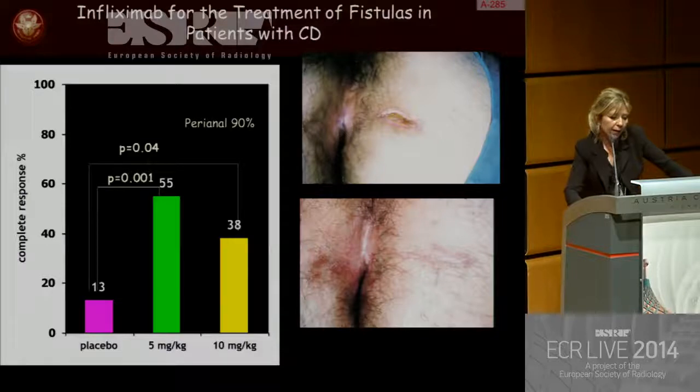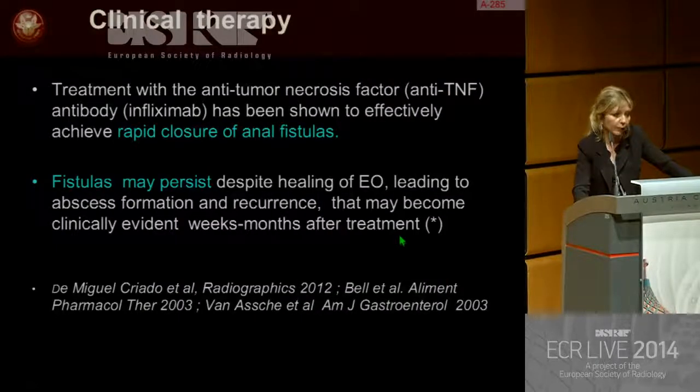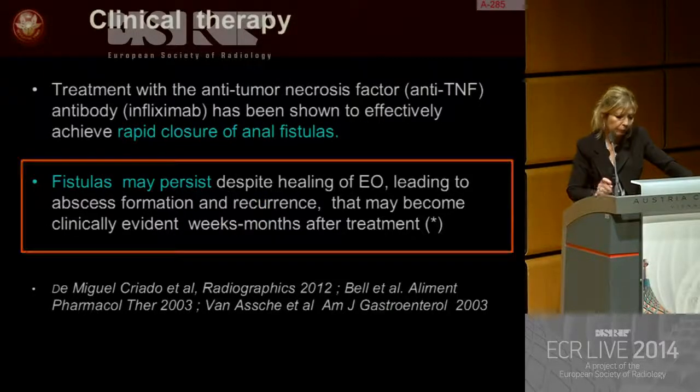Infliximab, when it came out and was first used for fistula, seemed to be something very miraculous, since a very large fistula could heal completely in a couple of weeks. But then it was very clear after a while that despite the closure of the external opening, internally the fistula persisted. And this caused frequent recurrence, particularly after the end of infliximab therapy.